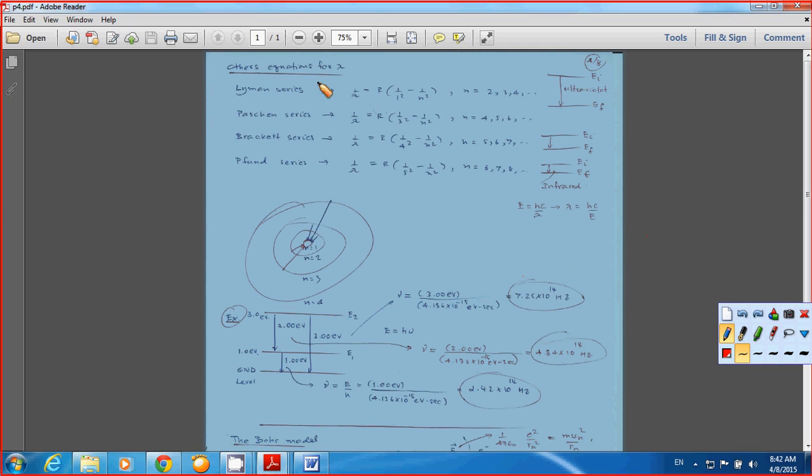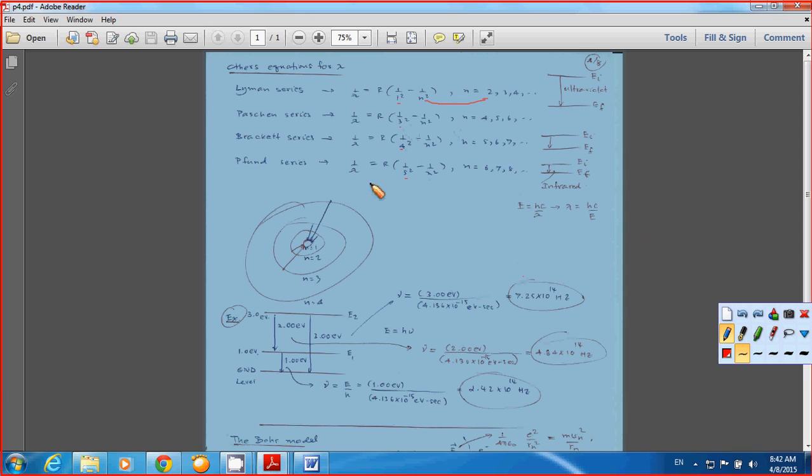This is the Lyman series. This is 1, this is 3, this is 4, this is 5. So for different types of series, n is going to start from a different number. For this one, n has to be greater than 1, and here n has to be greater than 3.